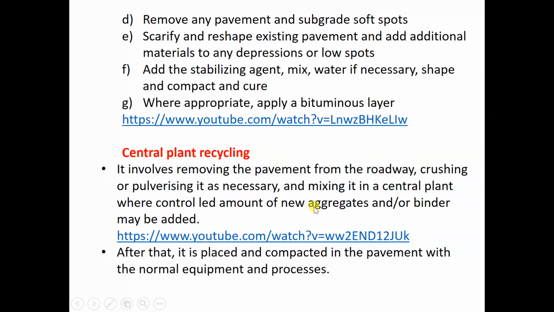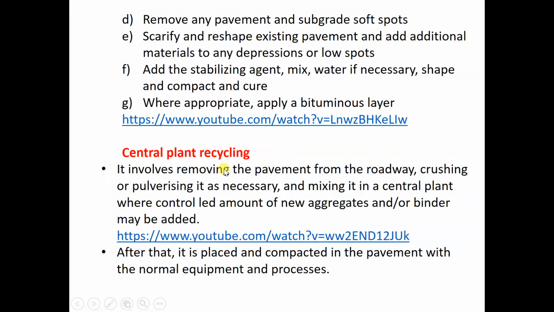So actually it's quite similar to the core milling. I think the difference is that the central plant recycling can handle a lot of materials, whereas the core milling is just the asphalt only.